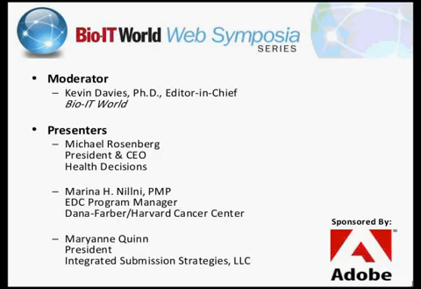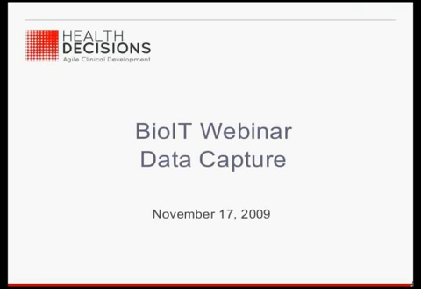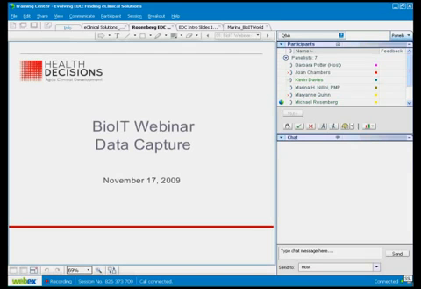But first, delighted to welcome as our lead-off speaker, Michael Rosenberg, MD, the founder and CEO of Health Decisions, which is a leading CRO based in Durham, North Carolina, and, if, as I hope you are, avid, loyal readers of eClinica, someone we've featured a couple of times in the course of this year.